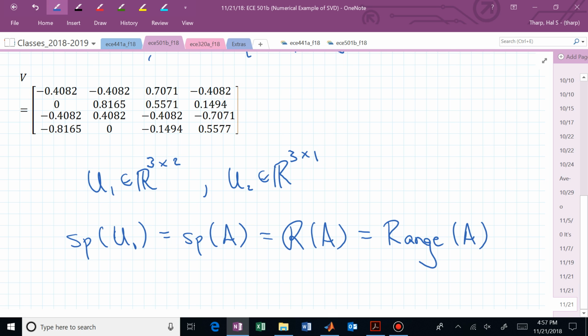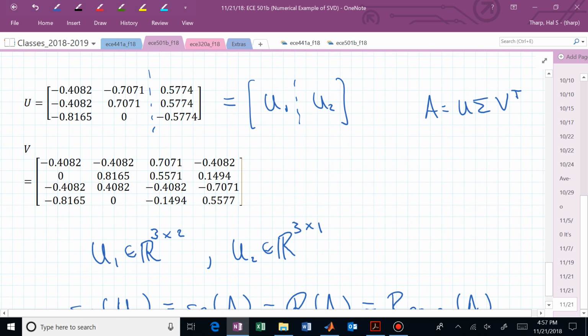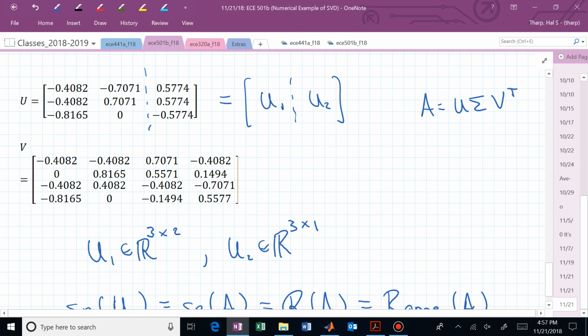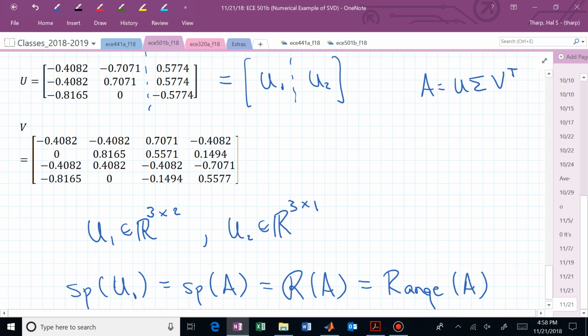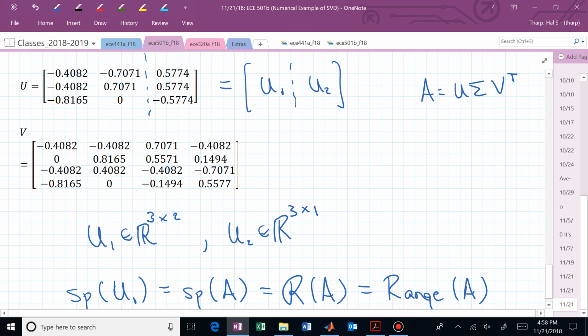But what else do we have? Well, we also have U sub 2, which is a basis vector in this vector space that's R3. The vectors in capital U form an orthonormal basis. So the columns in U sub 2, in general it will have multiple columns, are orthogonal to the columns in U1. So we now have a way of orthogonally decomposing that 3-dimensional vector space.